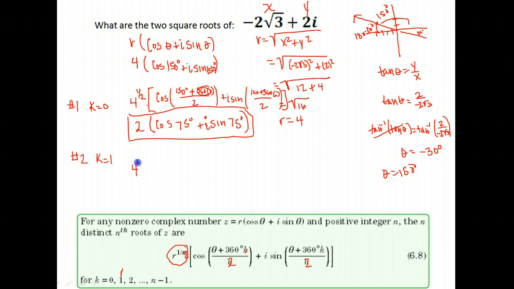So we start with the same thing, 4 to the 1/2 power. That does not change. Cosine of our original angle of 150 plus 360 times, this time we're using 1 for our k, divided by 2, and then plus i sine of the same thing.